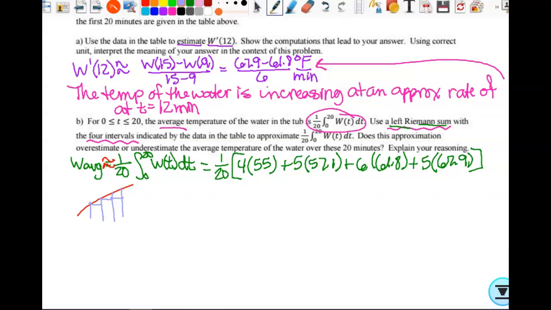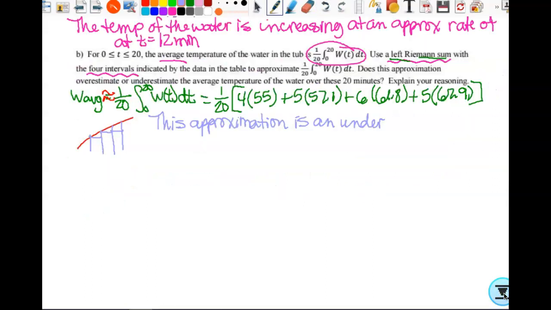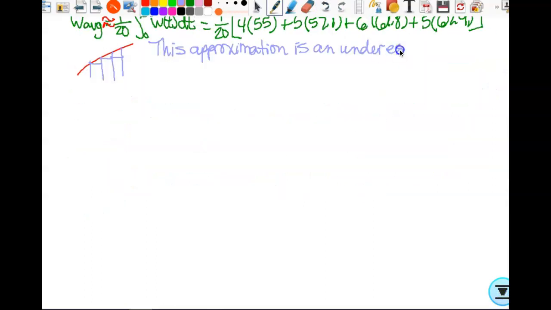So then you need to say this approximation is an underestimate. Oh my gosh, let's spell it right. Underestimate.